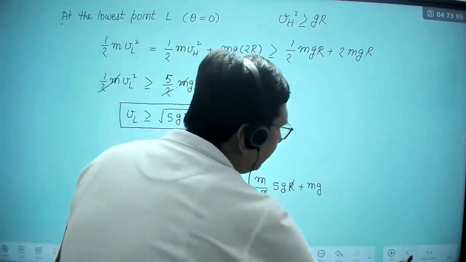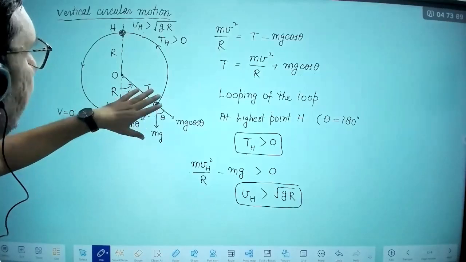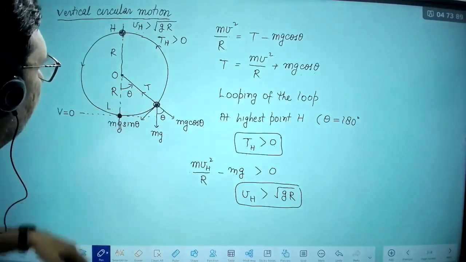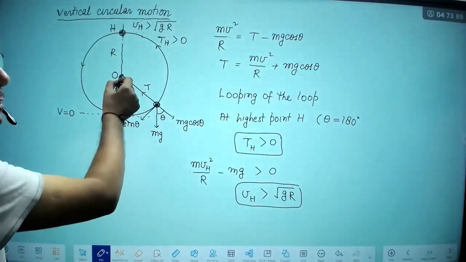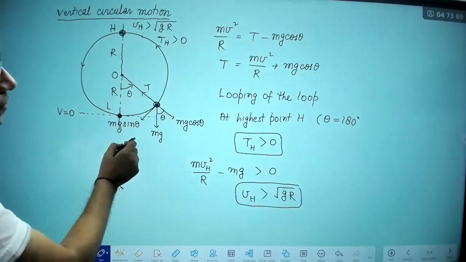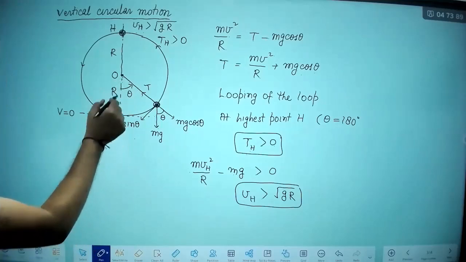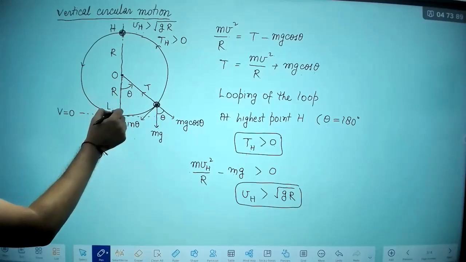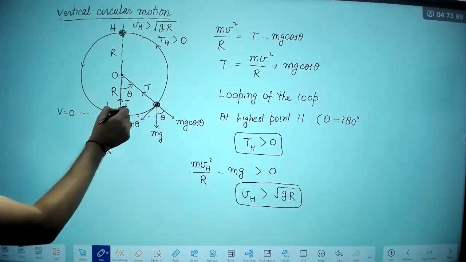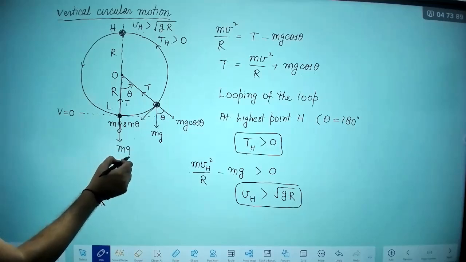Where at any point you can look here. What will be at any arbitrary point? This T will be here, mg is in this direction. So at the lowest point, try to understand, this T will be here, and mg is going to act in the downward direction.